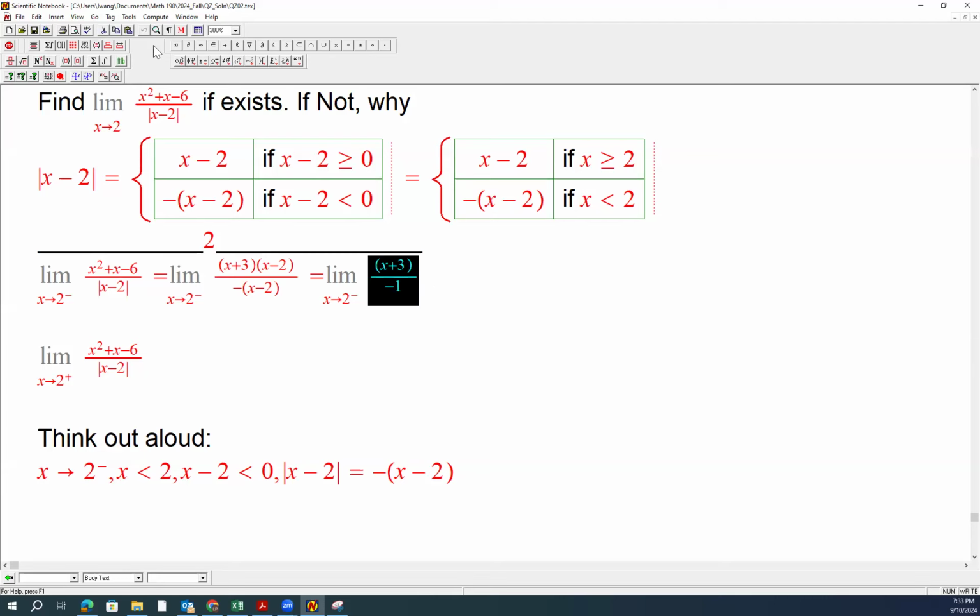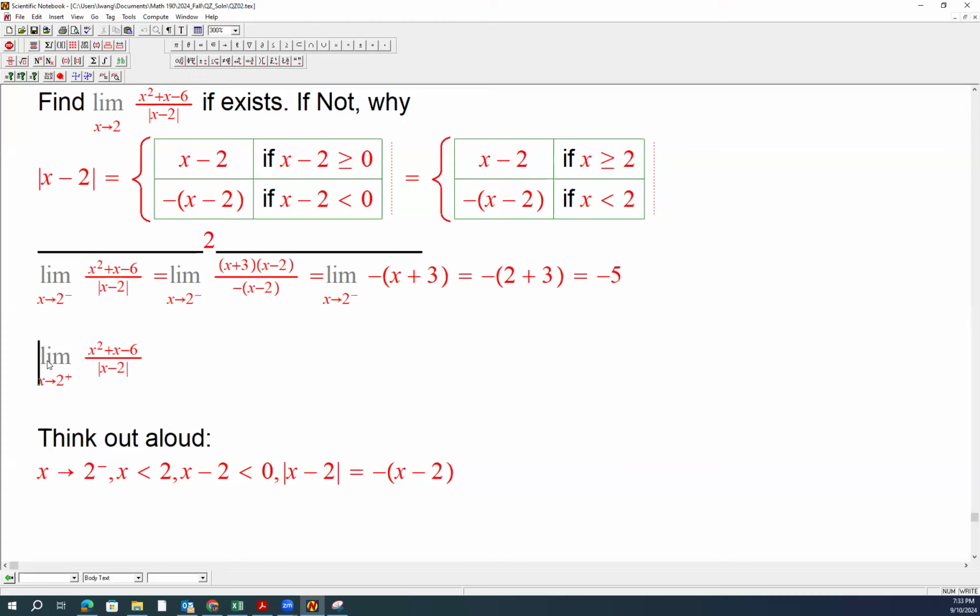So this whole thing turned into negative x plus 3. And then it's a direct substitution, so we just substitute x by 2, negative 2 plus 3. That's equal to negative 5. All right. So that's the limit from left of 2.